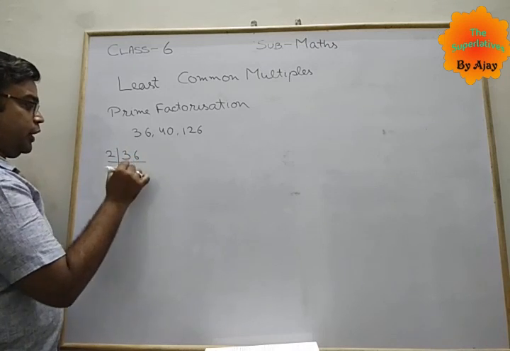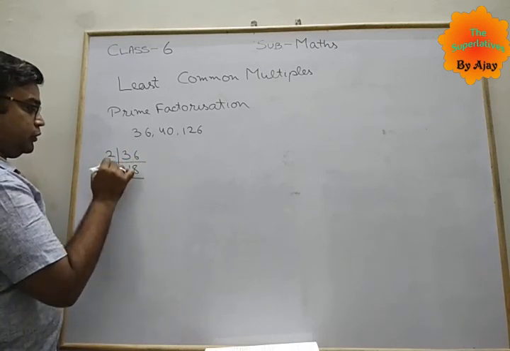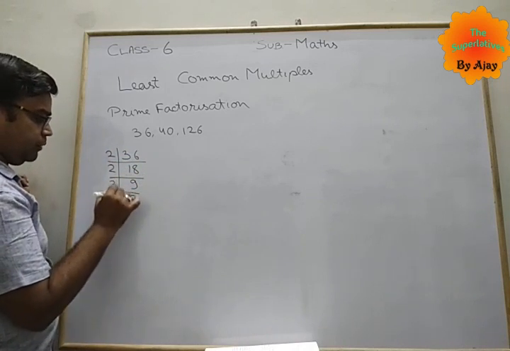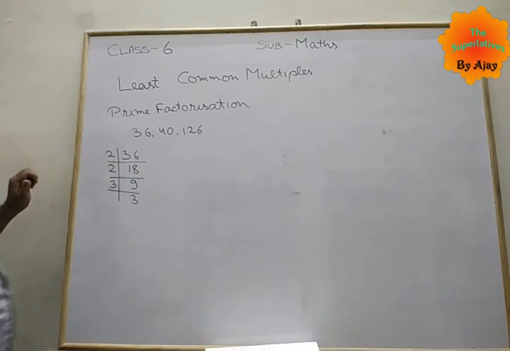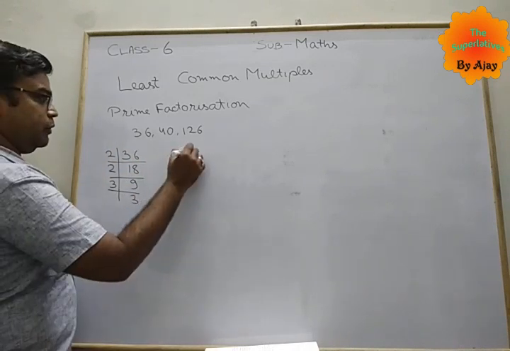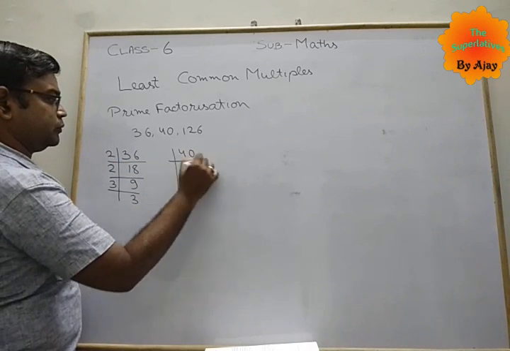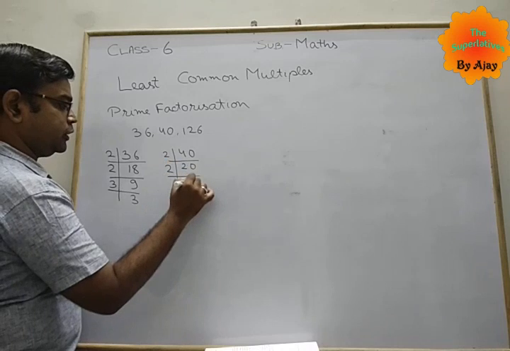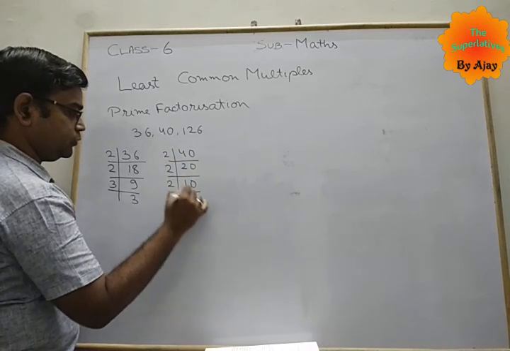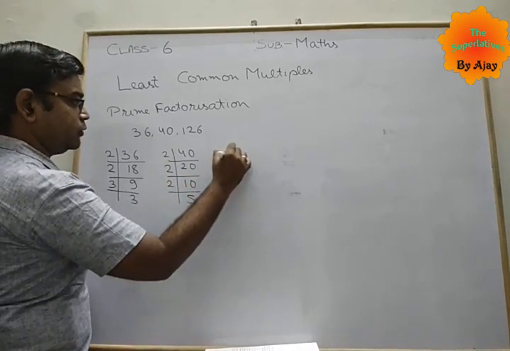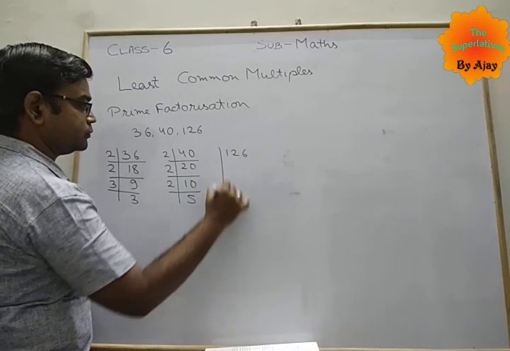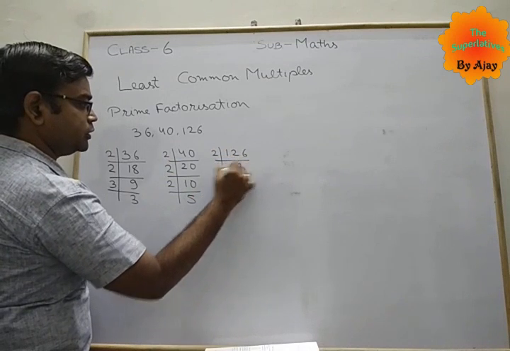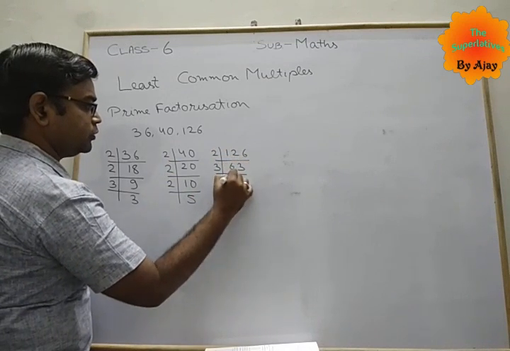Then 40: 2 20, 2 10, 2 5. Then 126: 2 63, 3 21, 3 7. In all the cases, we obtain that all divisors, all factors, are prime numbers.